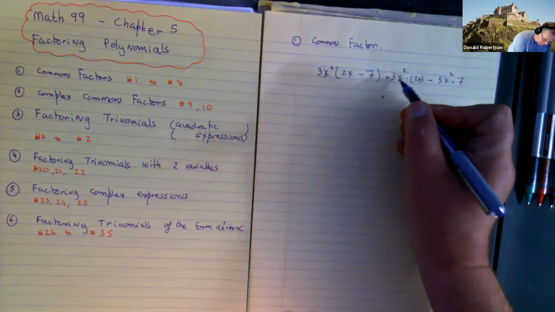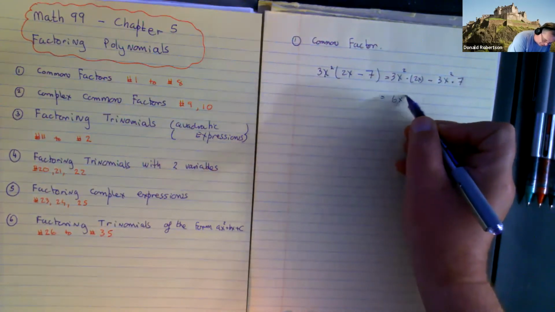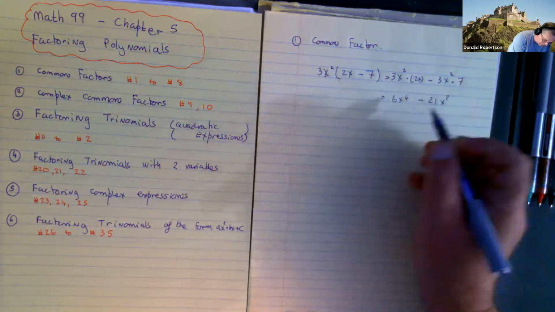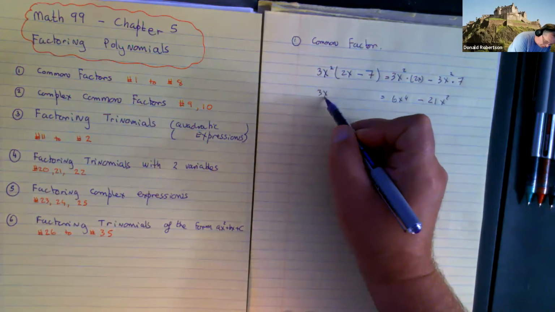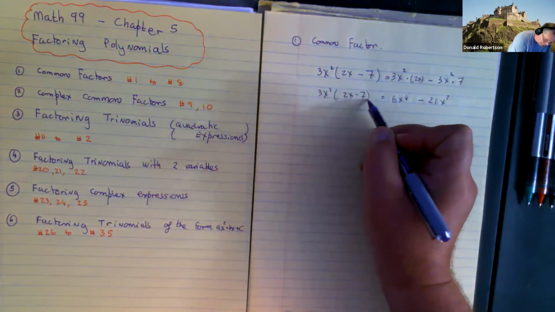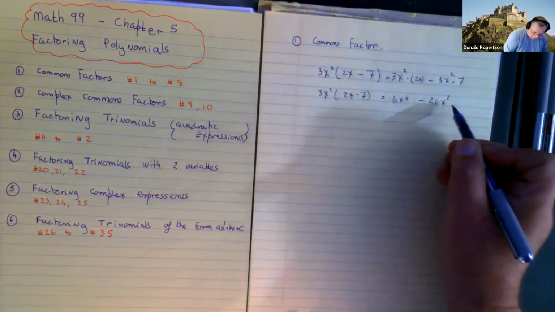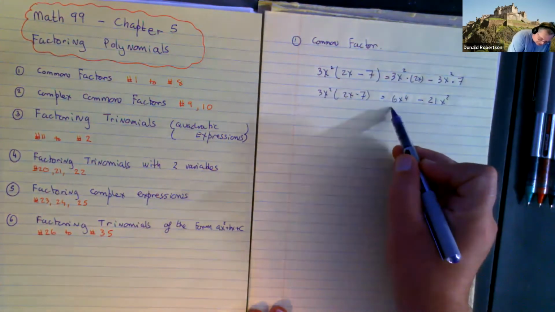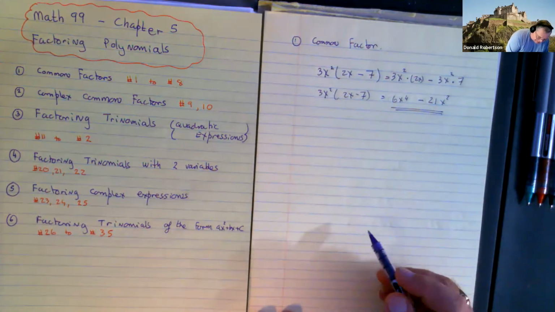And when you multiply these together, you would get 6x to the 4, take away 21x squared. So when you take an expression such as this one, and you use what we call the distributive law, you basically eliminate the brackets, expand the expression, and you're left with this.